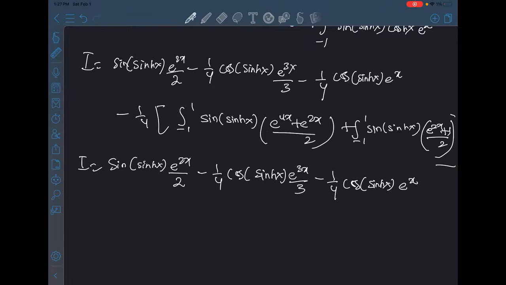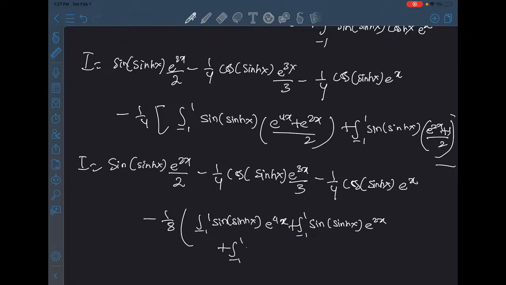And then okay, now I have these integrals: minus 1 by 8 integral, all these integrals from minus 1 to 1, of sine of sin x e to the power 4x, minus the integral from minus 1 to 1 of sine of sin x e to the power 2x, minus the integral from minus 1 to 1 of sine of sin x e to the power 2x, minus the integral from minus 1 to 1 of sine of sin x.